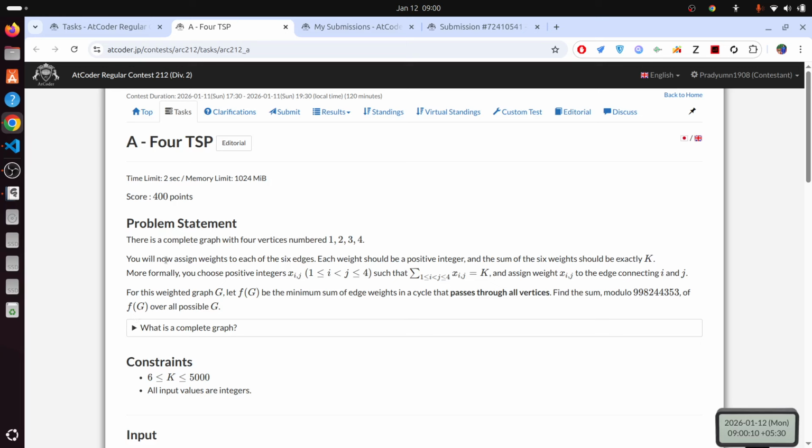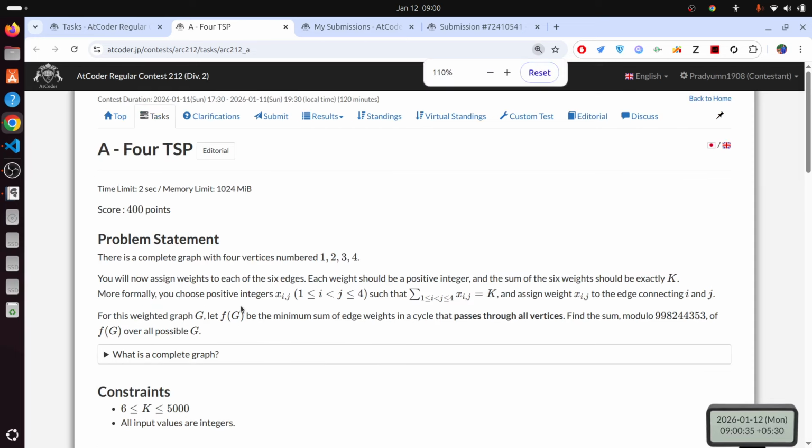More formally, you will use positive integers xij, where i is less than j, such that the summation of xij is k, and assign weight xij to the edge connecting i and j. For this weighted graph g, let f of g be the minimum sum of edge weights in a cycle that passes through all vertices. Find the sum modulo this number of f of g over all possible graphs.